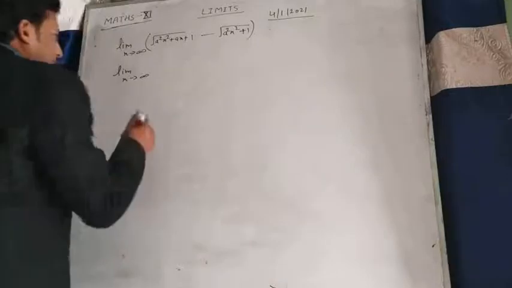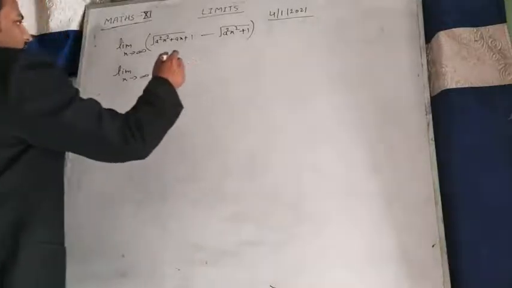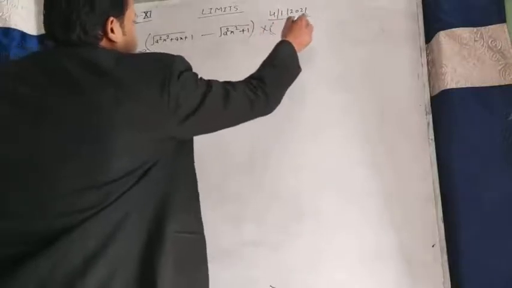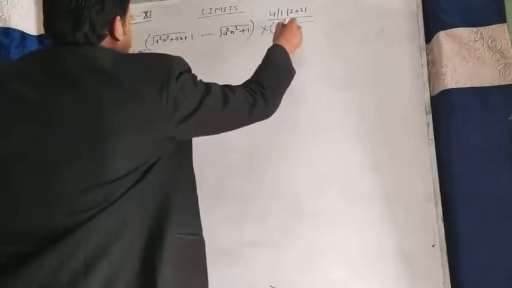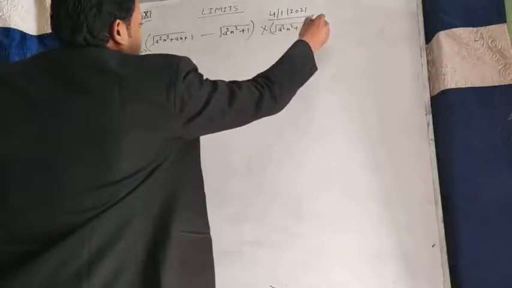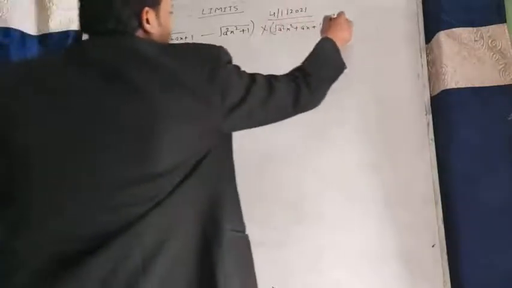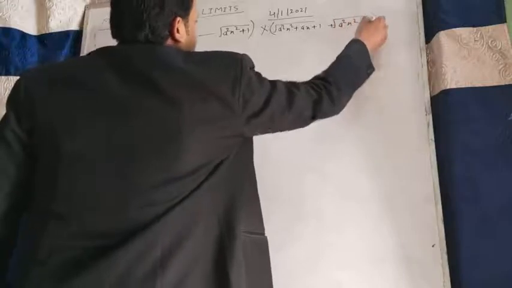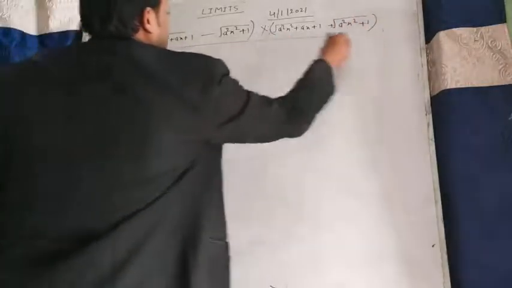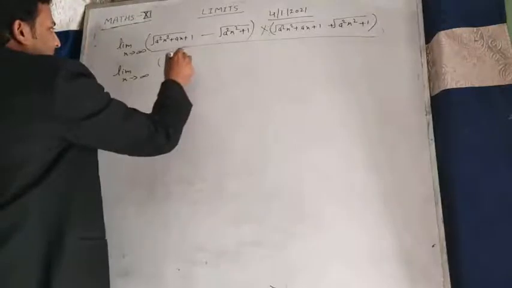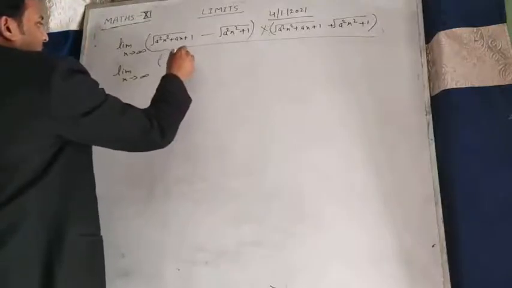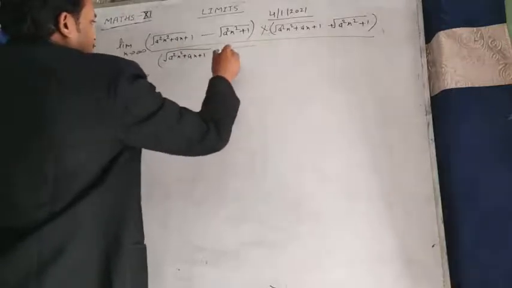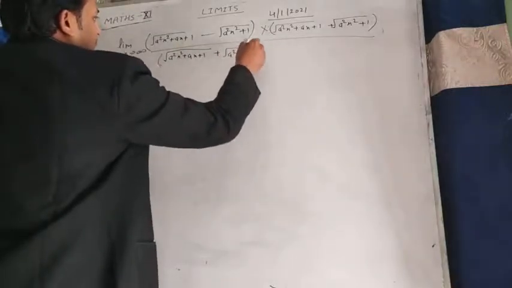So we can write, multiplied by under root (a squared x squared plus ax plus 1) plus under root (a squared x squared plus 1), and divided by under root (a squared x squared plus ax plus 1) plus under root (a squared x squared plus 1).